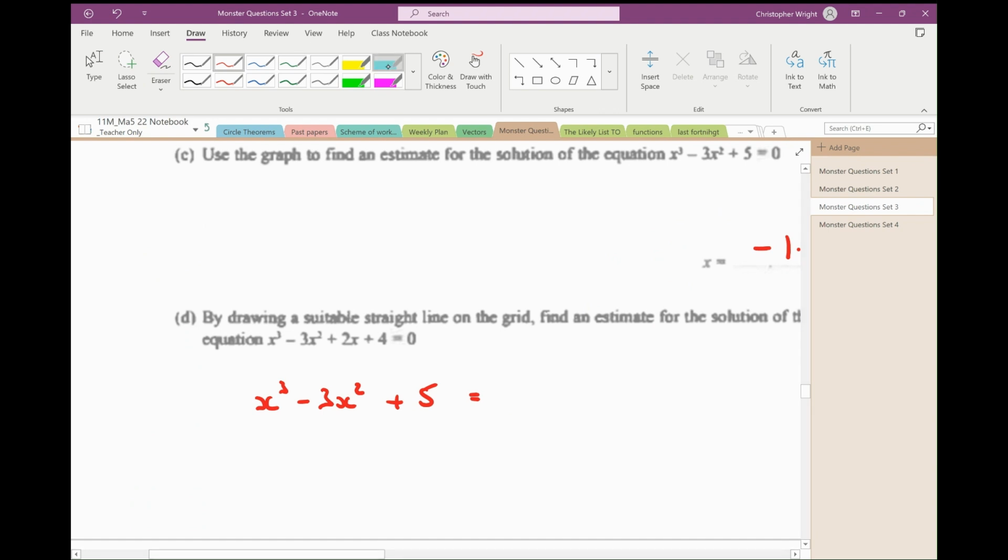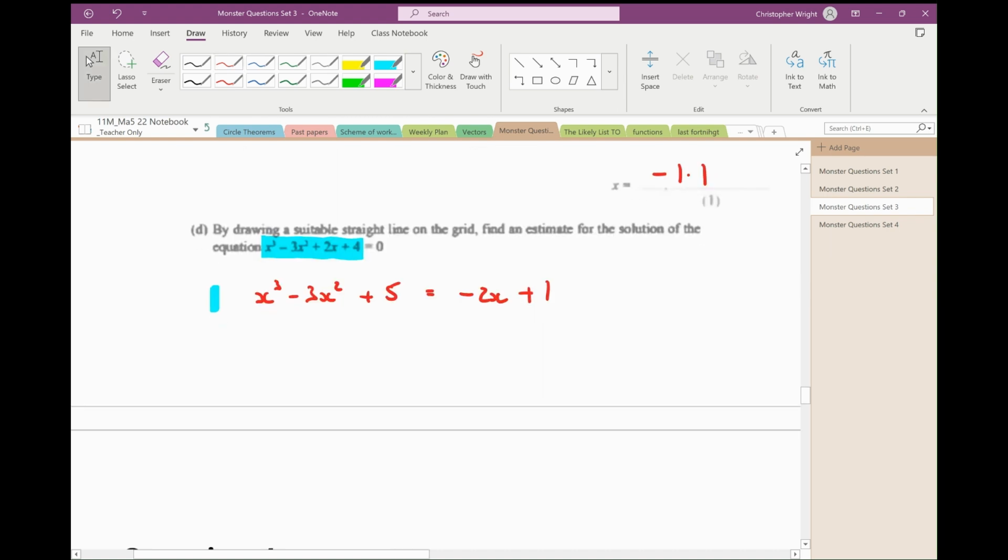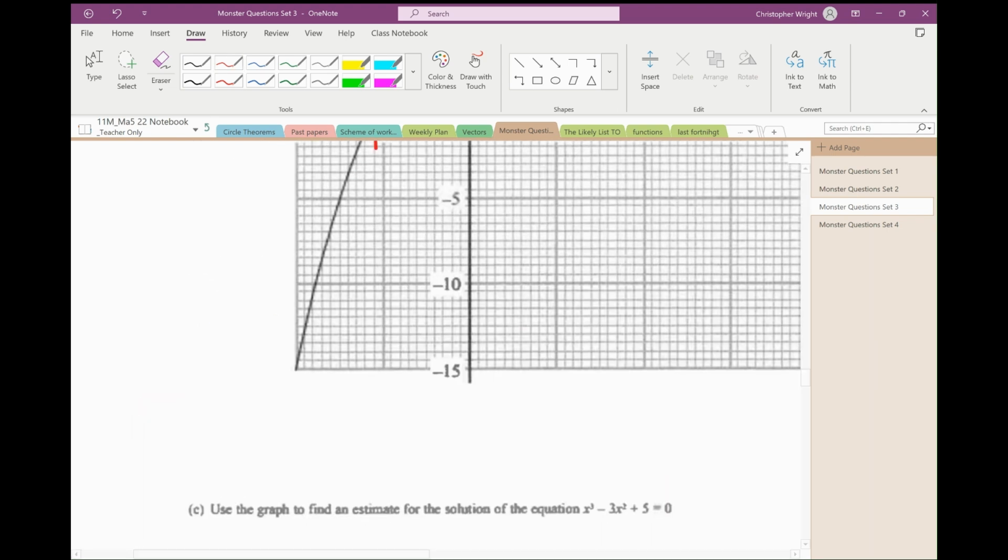In order to change that into what I want, I'm going to need to have subtracted 2x from both sides. And I'm also going to need to have added 1 because a 4 has become a 5. So I need to draw the line y equals minus 2x plus 1 on my graph and see where my two graphs cross. Y equals minus 2x plus 1.